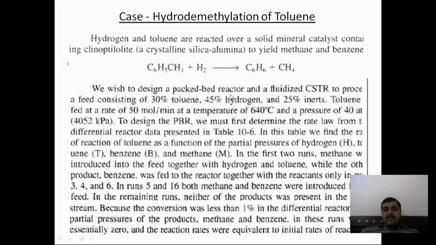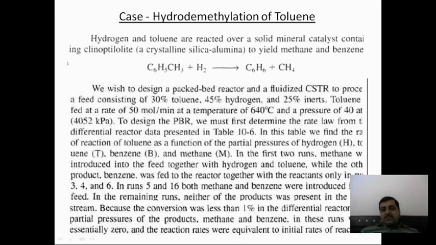We wish to design a packed bed reactor where we are given a certain feed which consists of toluene and hydrogen in certain percent plus inerts. We are given the flow rate of the feed with temperature and pressure, and we have to derive the design.